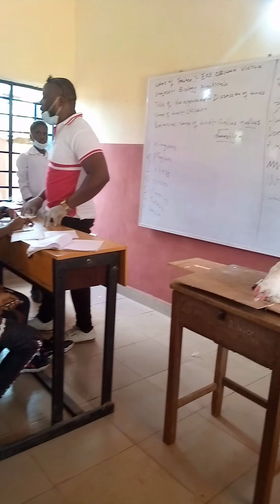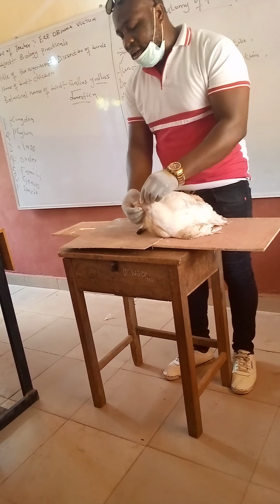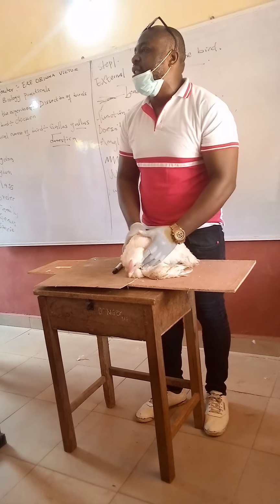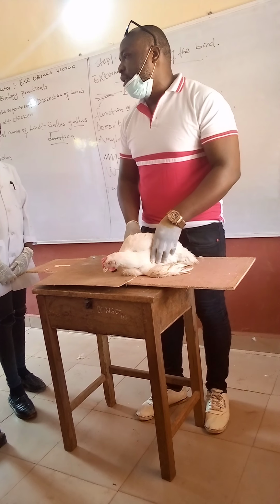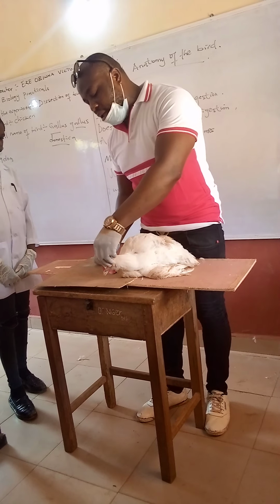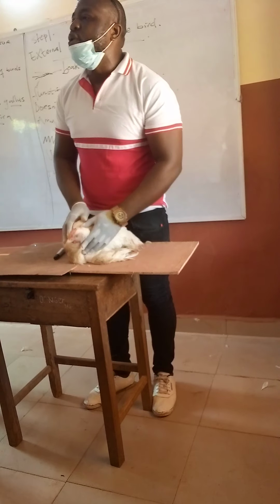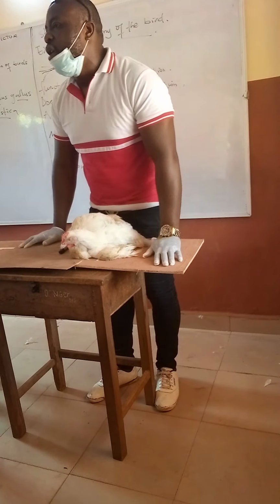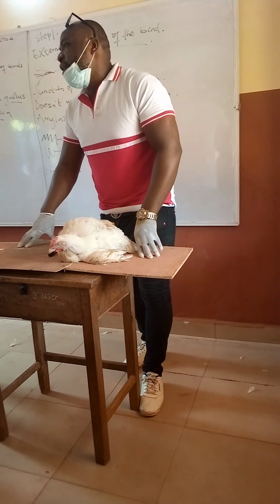Without these two organs here, the chicken cannot get rid of excess heat. The body temperature of the chicken will be too high. So these structures help the chicken to get rid of excess body temperature, to regulate the body temperature.